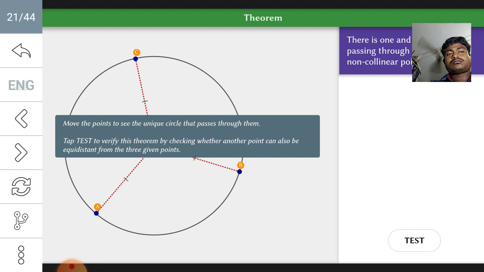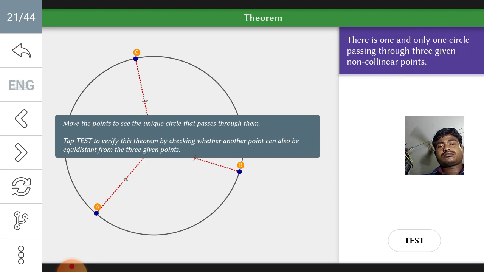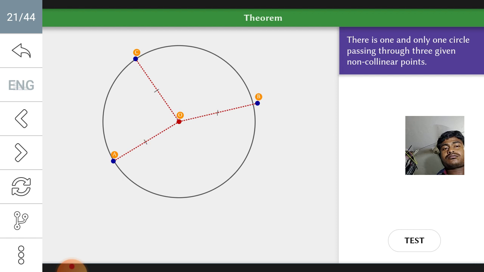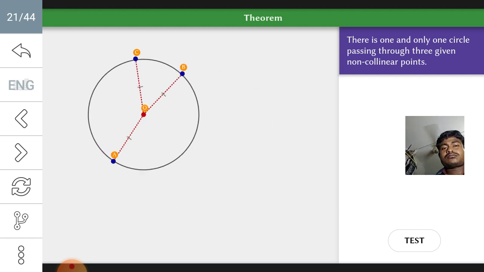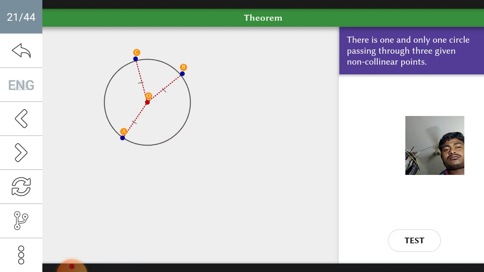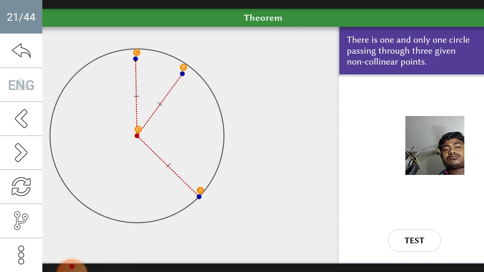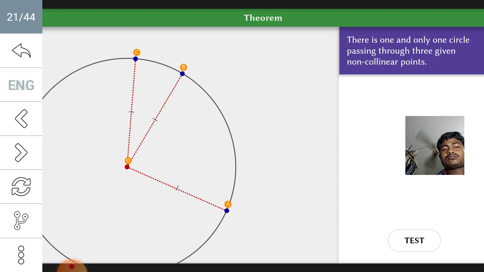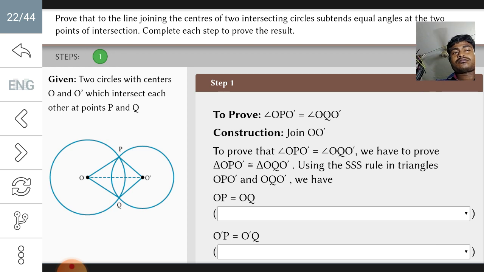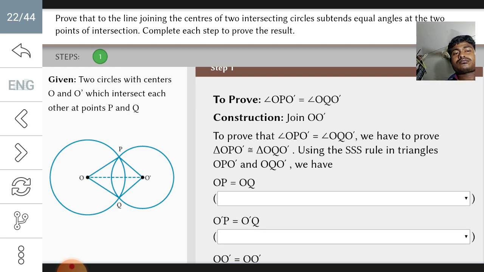Verify the theorem. Fill in the blanks in the derivation steps to prove the theorem.